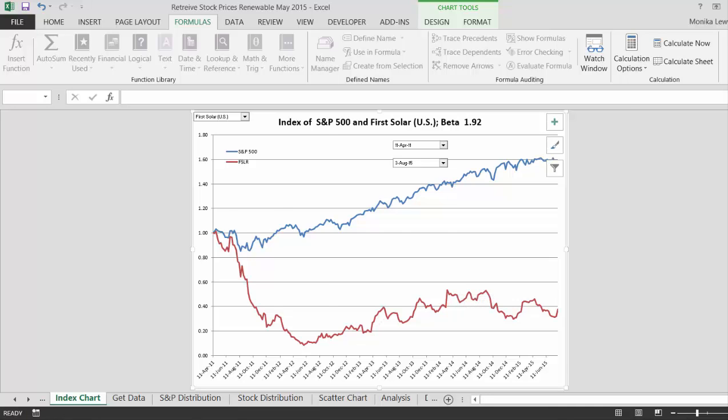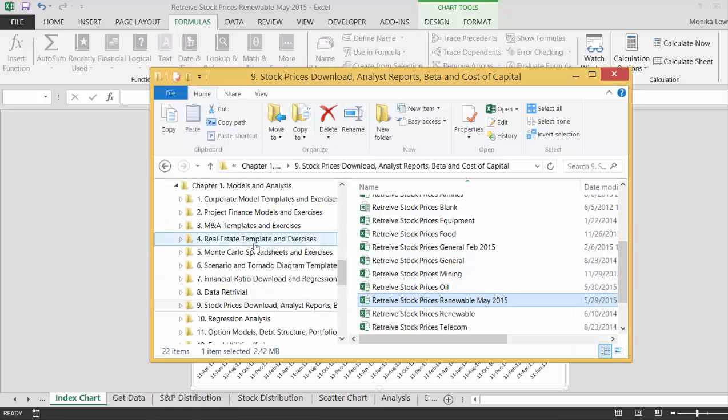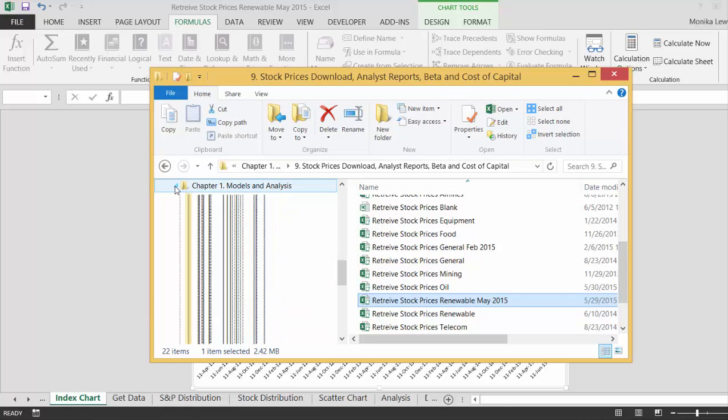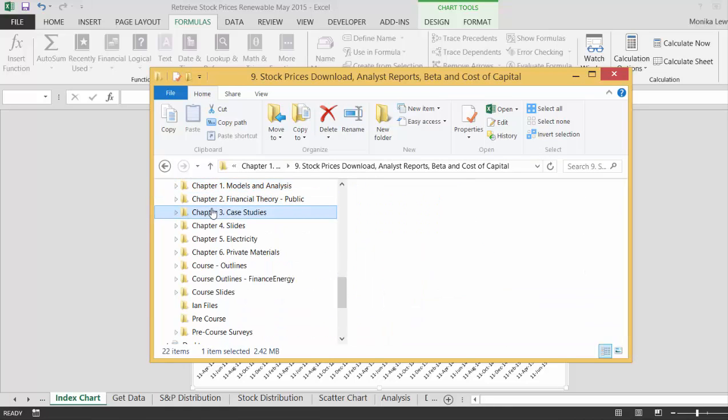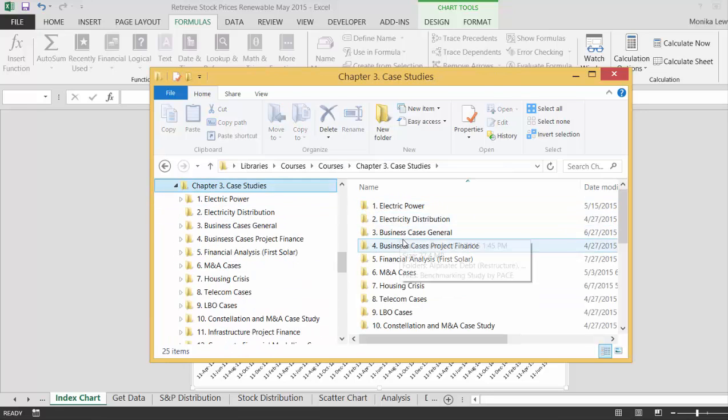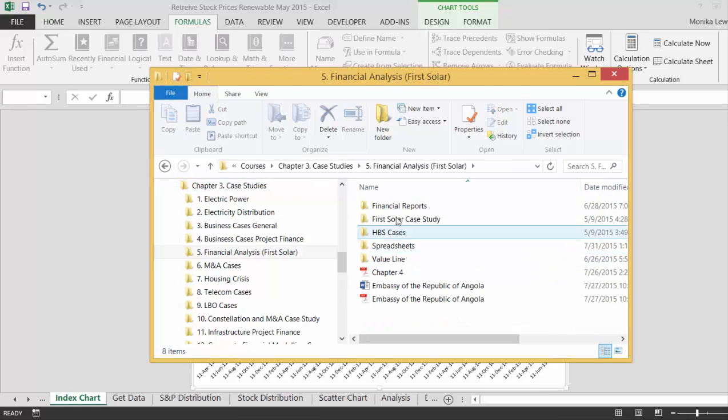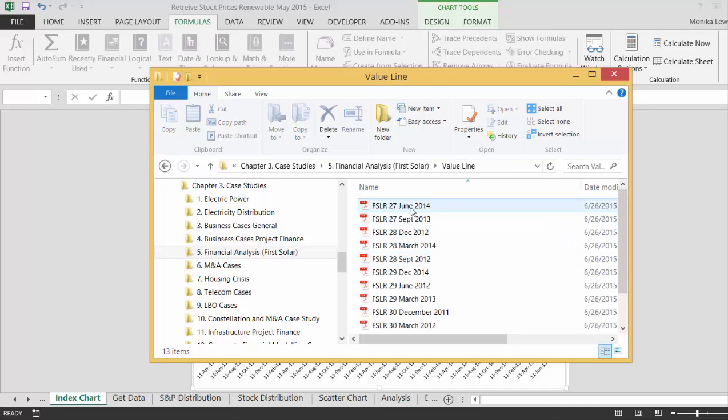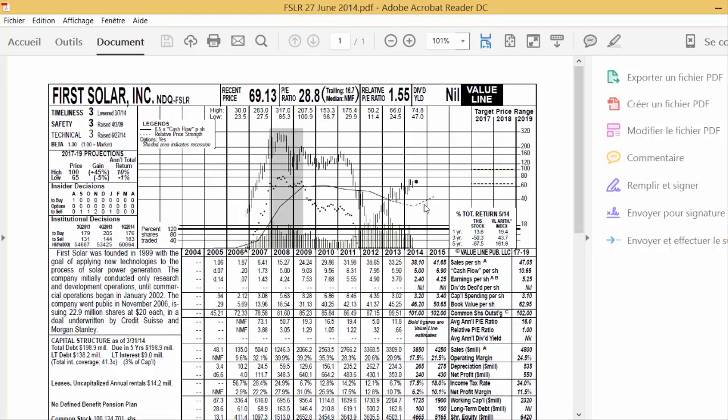And finally, now I happen to do a case study on this one. So if we look at case studies and then we look at First Solar, when we look at the Value Line report for First Solar in 2014, then we get a beta of 1.3.